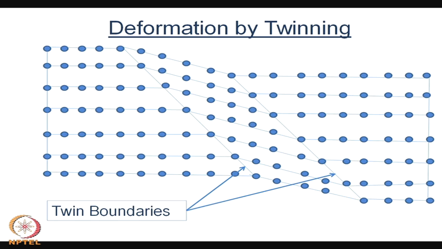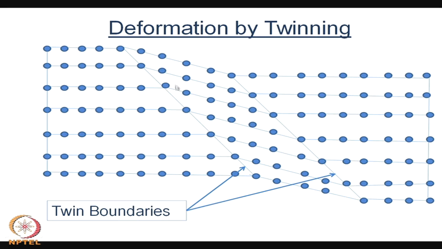Twinning is another deformation, a different mechanism by which plastic deformation of a crystal takes place. These are called twin boundaries, and they are basically a set of vertical planes, and also another plane. Normally two different twin boundaries appear simultaneously.